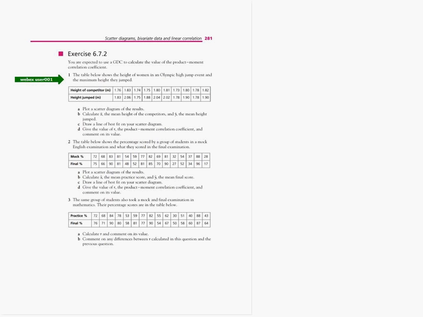The table below shows the height of women in an Olympic high jump event and the maximum height they jumped. Basically, the height of the competitor is X, and the height jumped is Y. So you quickly plug in these data.